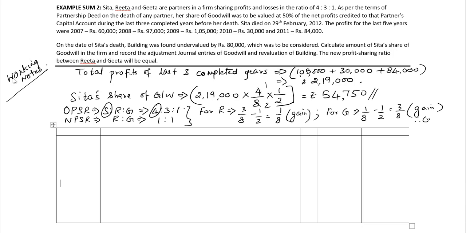Hence the gaining ratio between Rita and Geeta is equal to 1:3. So let's pass the journal entries solution.